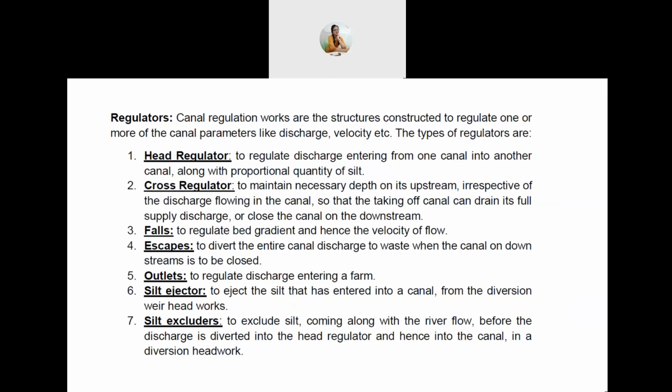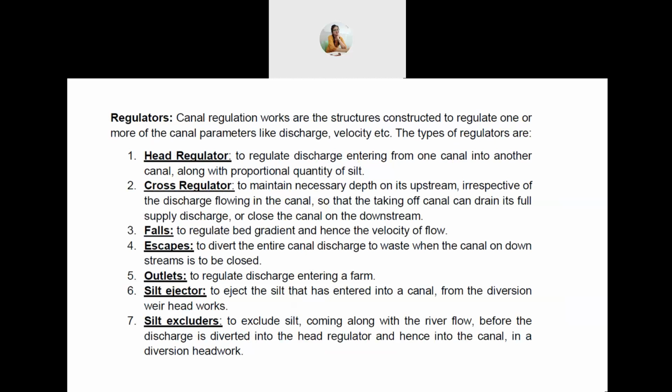Number 4, escapes, to divert the entire canal discharge to waste when the canal on the downstream is to be closed. Number 5, outlets, to regulate discharge entering a farm. Number 6, silt ejector, to eject the silt that has entered into a canal from the diversion weir headworks. Number 7, silt excluders.